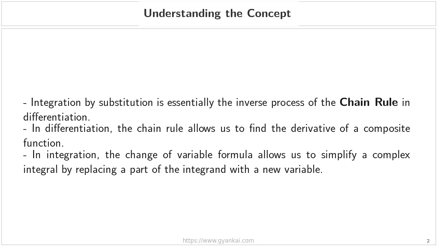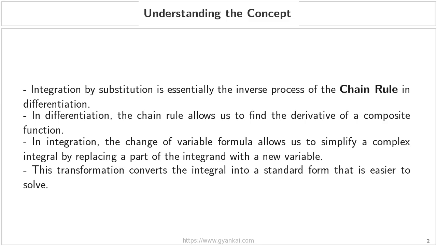In integration, the change of variable formula, which is what we're building up to, allows us to simplify a complex integral by replacing a part of the expression we're integrating, which we call the integrand, with a new variable. It's like strategically choosing a substitution to untangle a complicated integral. And finally, this transformation, this substitution we make, converts the integral into a standard form that is easier to solve.